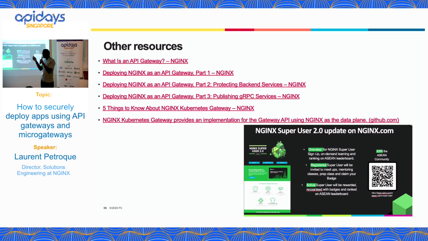The component is called CIS, Container Ingress Services, to make sure that I can communicate with the Nginx Ingress controller in the case of a Kubernetes environment. If it's not a Kubernetes environment, then service discovery or API calls would help you to do that.